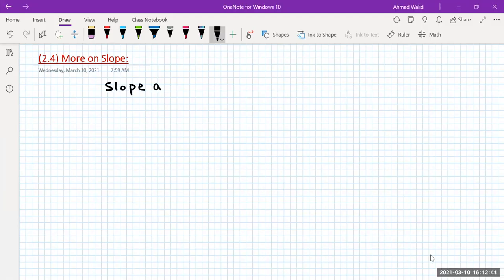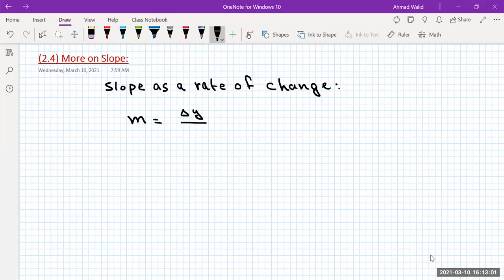Slope as a rate of change. The meaning of slope, as we discussed, m equals delta y over delta x, or in other words, y2 minus y1 over x2 minus x1, correct?